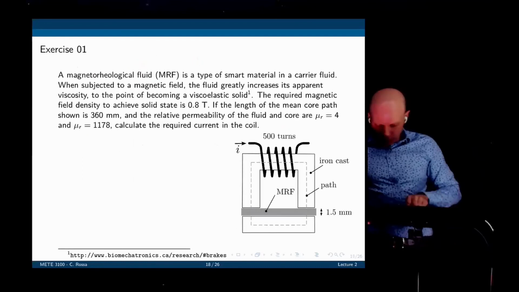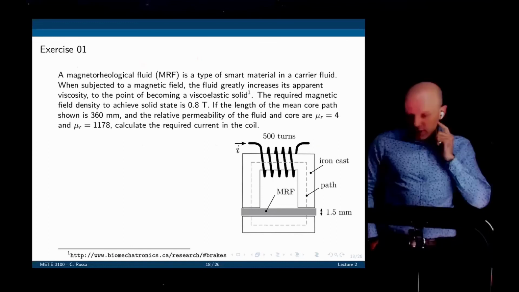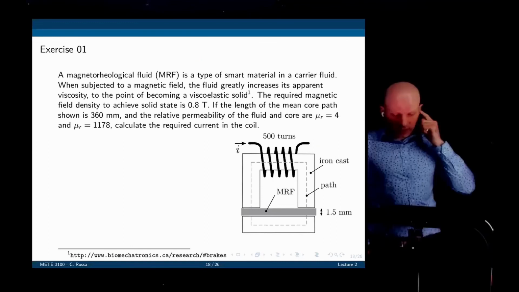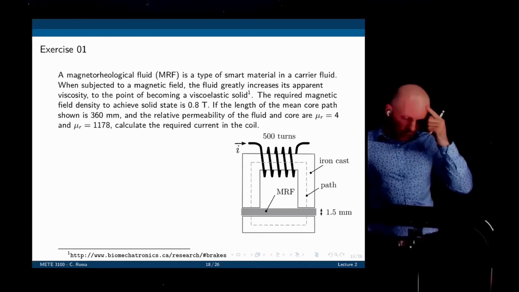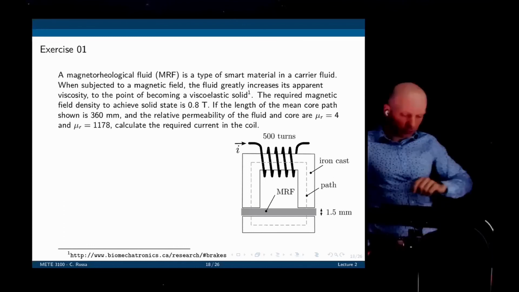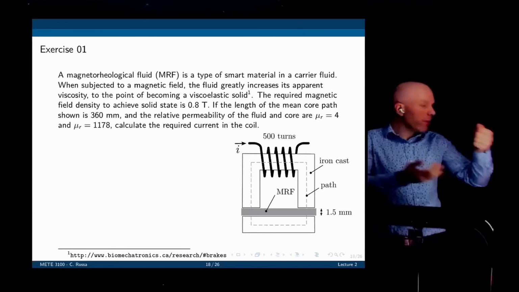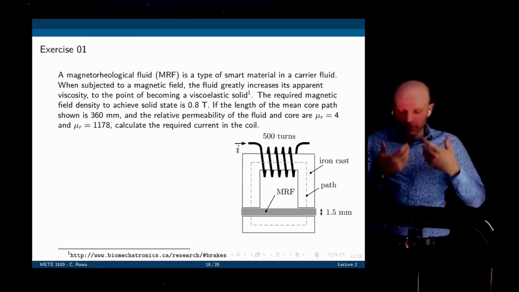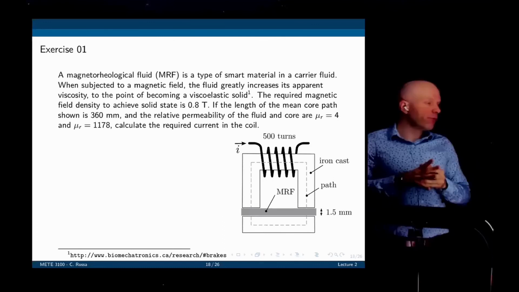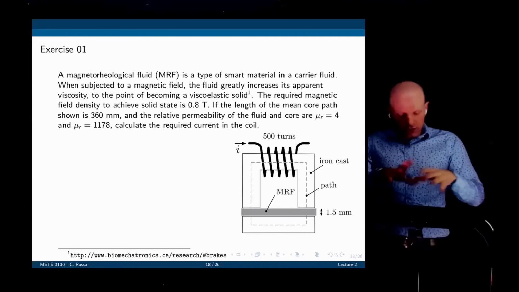In this exercise, we have a magnetorheological fluid, which is a type of smart material that becomes solid when subjected to a magnetic field. So it's a fluid that, when you approach a magnet to it, becomes solid. You have probably seen ferrofluids before, how they are attracted by a magnetic field. This is not different. The only difference is that the particles are bigger.